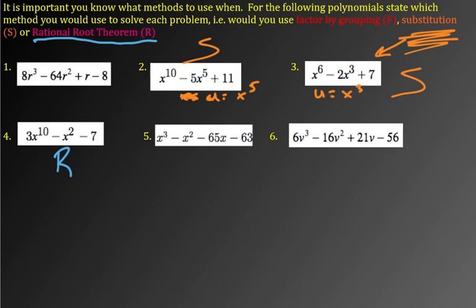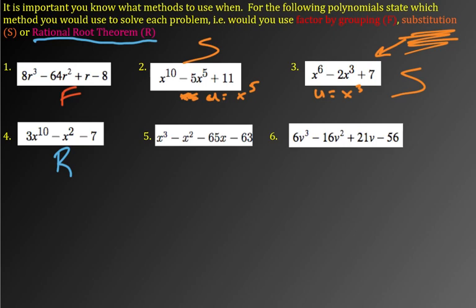For factor by grouping, in the remaining ones, because all these other 3 now could be factor by grouping, I'm looking for a ratio of the coefficients. You can see here, 8 is to negative 64 the same way 1 is to negative 8. That means I should be able to do factor by grouping and get a nice common factor in there somewhere.